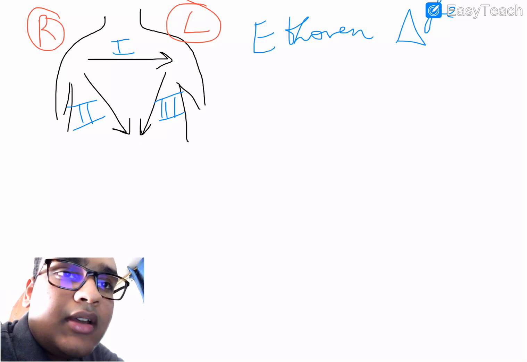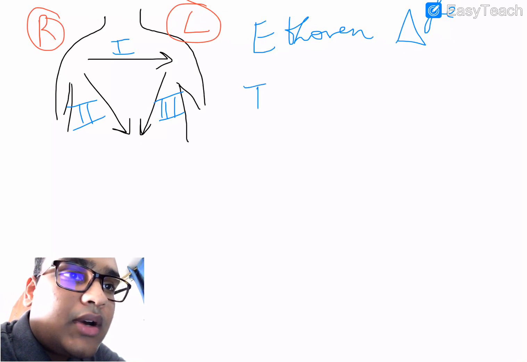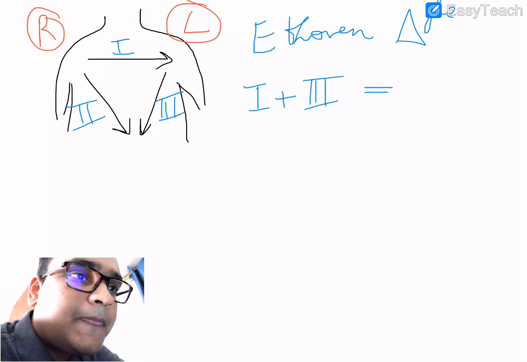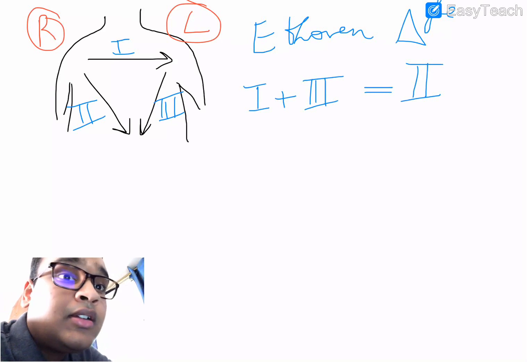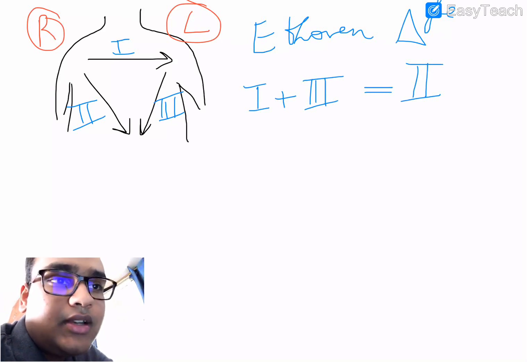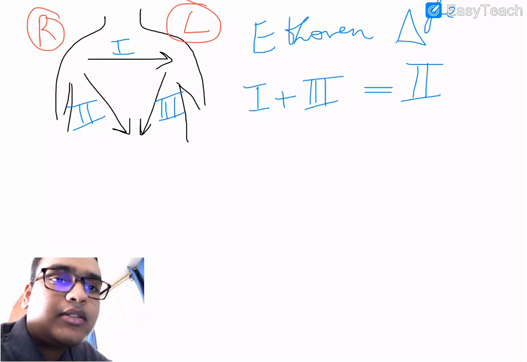So you can add any two vectors and get the third vector. If you add 1 plus 3, you get 2. So Einthoven's triangle shows the relation between the three limb leads: lead 1 vector plus lead 3 vector gives you lead 2 vector.